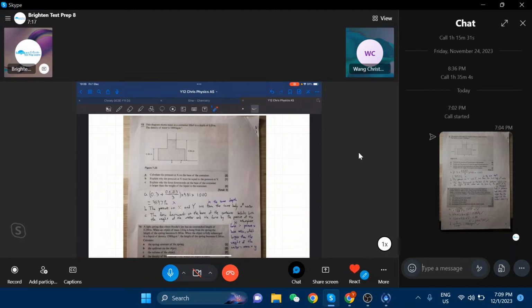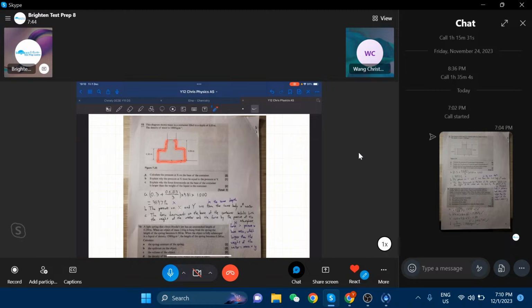So what is this one, or what is this part? The volume of water.